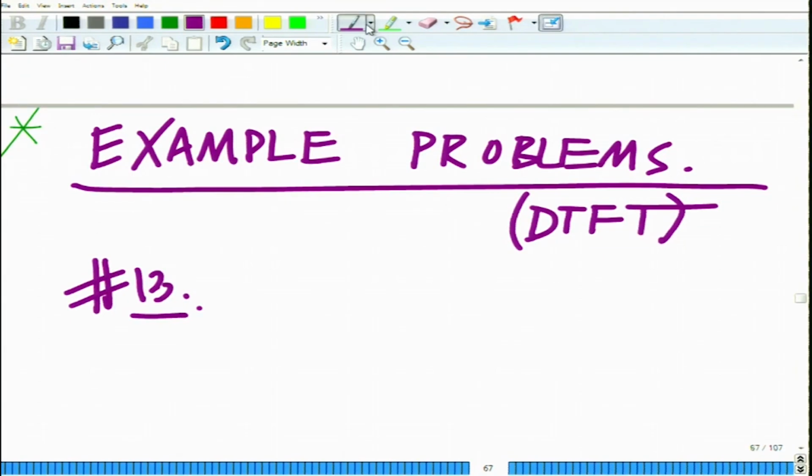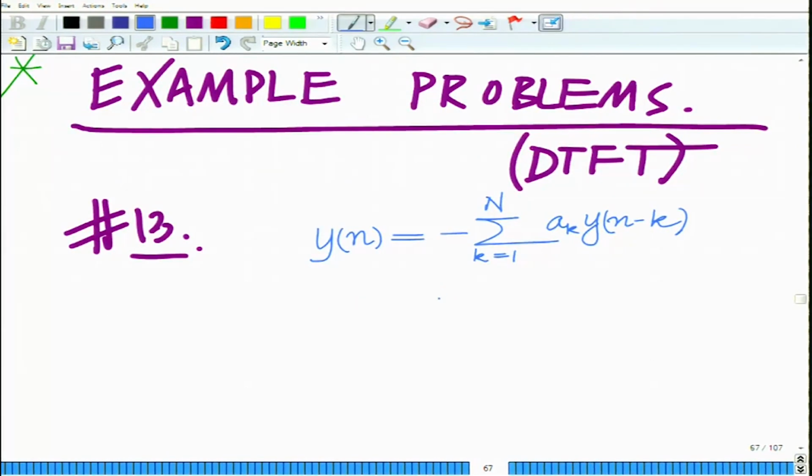And in this problem, let us look at the following discrete time LTI system described by the difference equation: y[n], that is the output, equals minus summation k equals 1 to N a_k y[n minus k] plus summation k equal to 0 to M b_k x[n minus k].